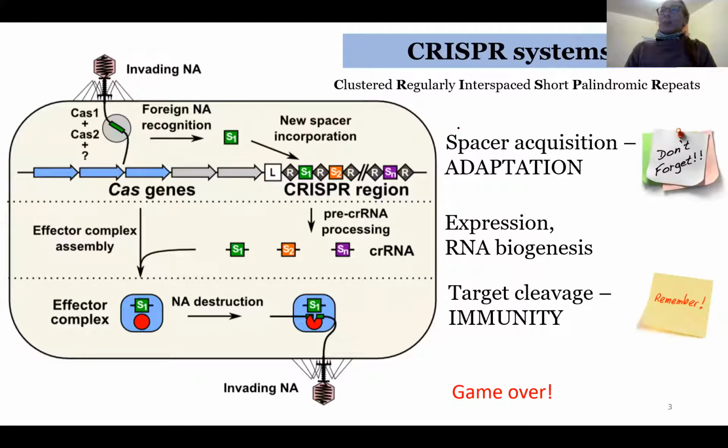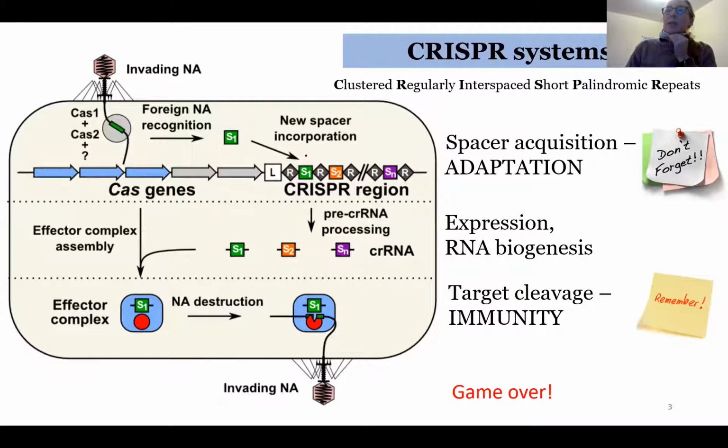And CRISPR. Some slides are actually quite complicated, especially if you are from humanities. But I'll try to be slow. CRISPR is an acronym which stands for Clustered Regularly Interspaced Short Palindromic Repeats. What are these repeats?